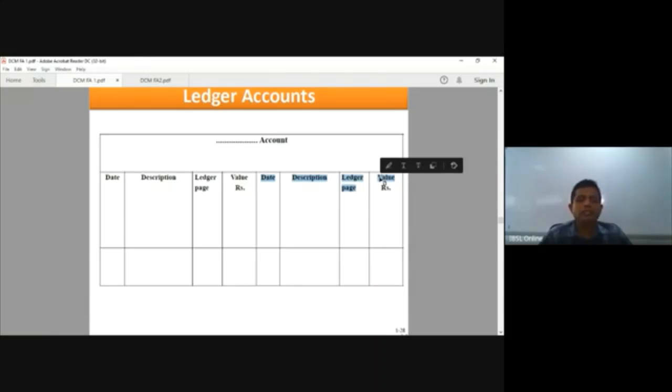The value is the value of the transaction, right? Even though we use this format, normally we use T accounts when it comes to double entry. When making entries, we used to have T accounts for double entry purposes.